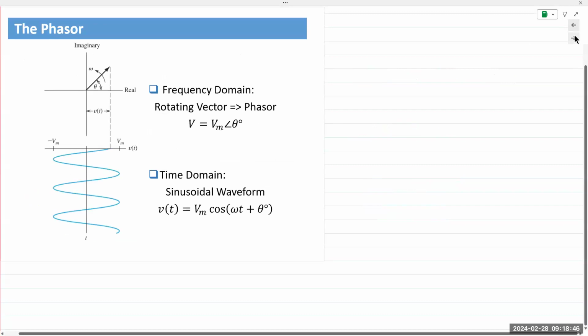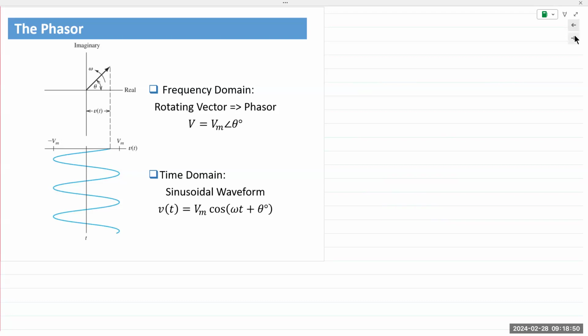So what is a phasor? A phasor is simply a rotating vector in the frequency domain that represents a single snapshot of the sine wave function. So below here, we have the time domain representation, where we describe the value of that quantity as a function of time.